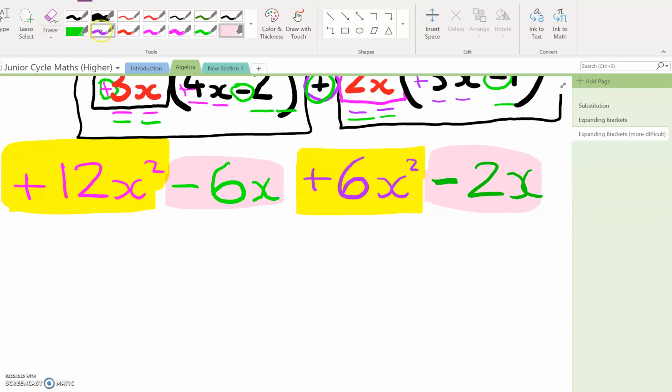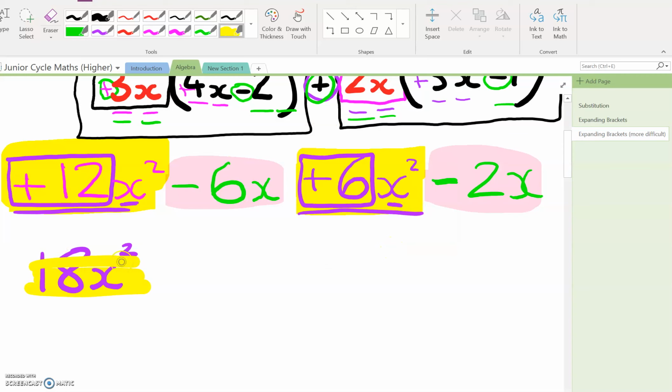Type into your calculator plus 12 plus 6, and you will get 18. But don't forget, we're talking about x squareds, so we have to write 18x squared. And that's the x squared bit done.